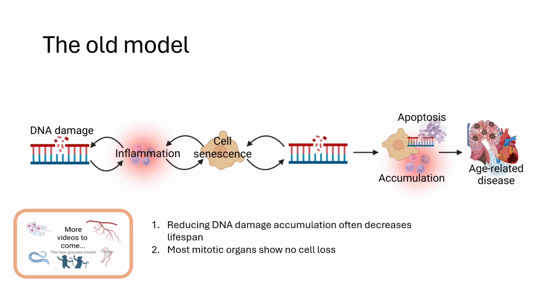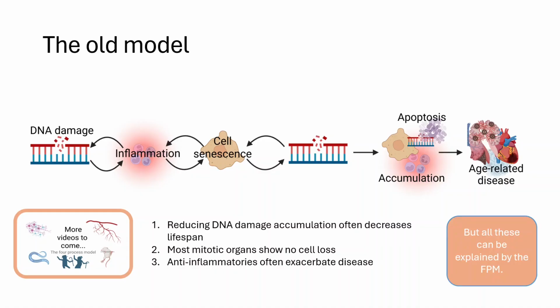Mitotic organs generally don't show any cell loss, and anti-inflammatories often as not exacerbate disease as they do improve it. Generally, there is no relation between this old model and what we'd expect to find when we test it experimentally. But all of this changes when we start to look at the four-process model.